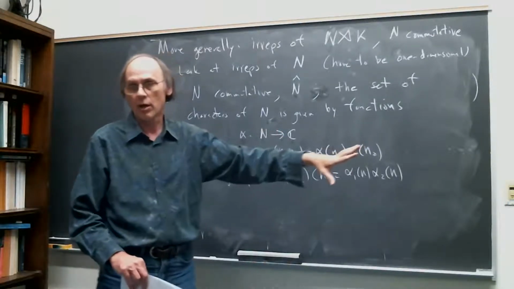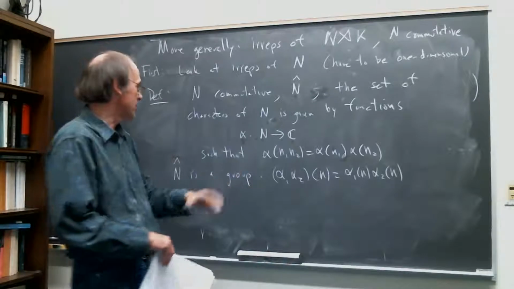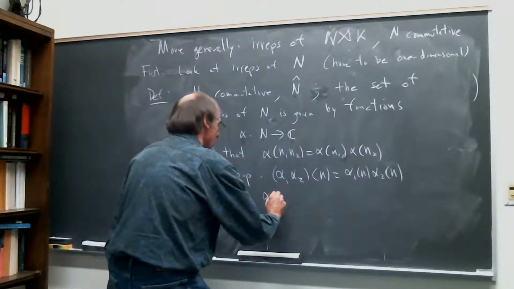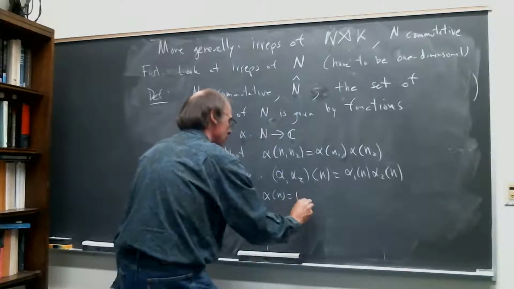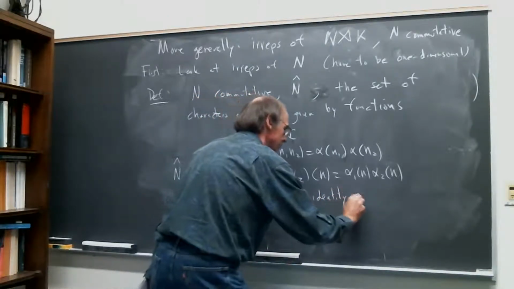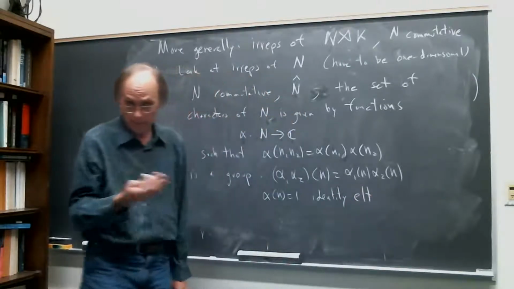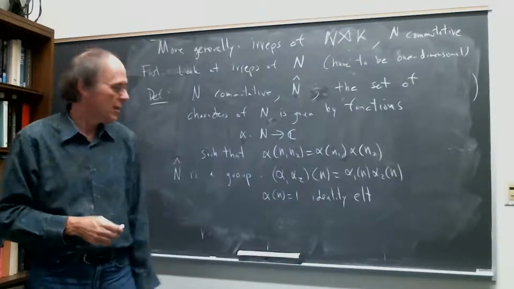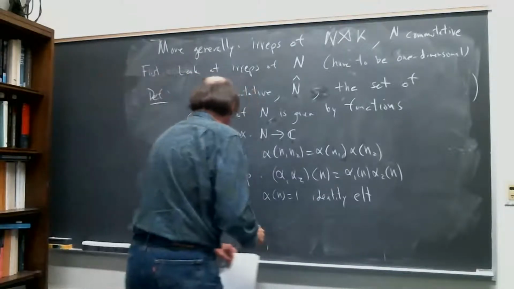That's always going to work. So N hat is a group, and alpha equal to 1 is the identity element. But it's also got lots of other possibilities.